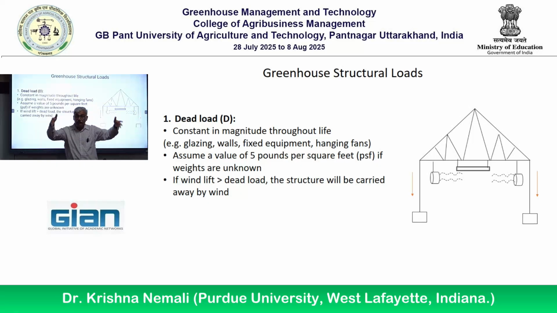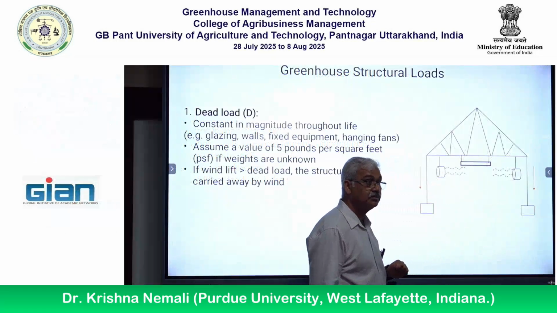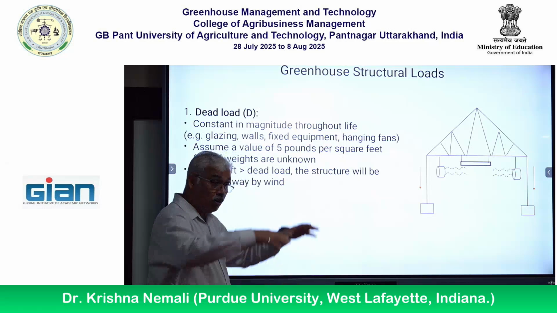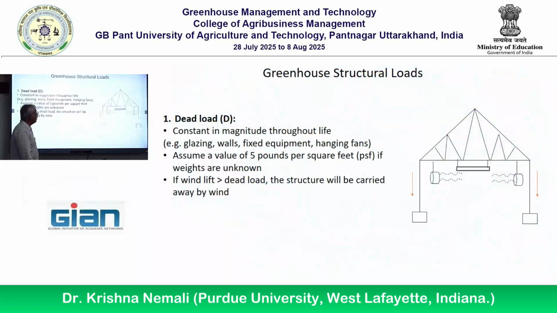That's how the weight is distributed. It's not just staying there, it's being distributed downwards. So the glazing material adds weight onto the struts and cords, which add weight onto the rafters and eventually onto the side posts and eventually to the concrete. The weight gets distributed.